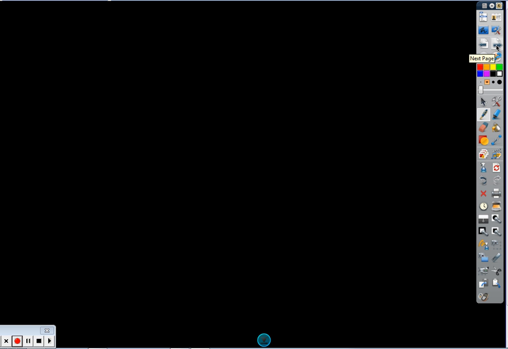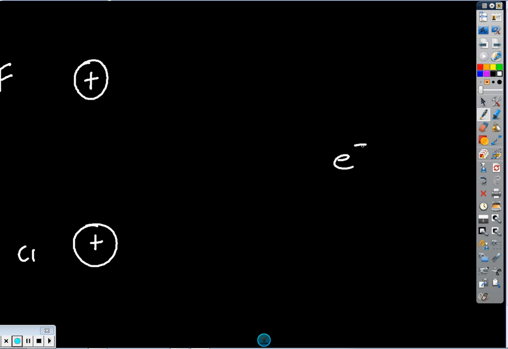So then we need to ask ourselves, well, what is it within fluorine and chlorine which actually attracts the electron? Well, hopefully you know by now it is, of course, the nucleus. Okay, well, so therefore let's say that the top atom that I've drawn there is fluorine and the bottom one is chlorine, and we've got an electron here and they're battling over the electron.